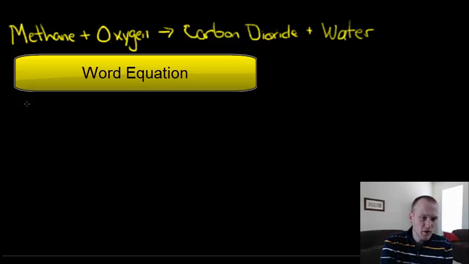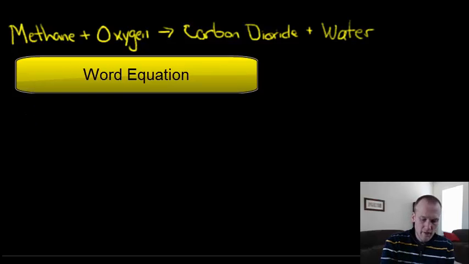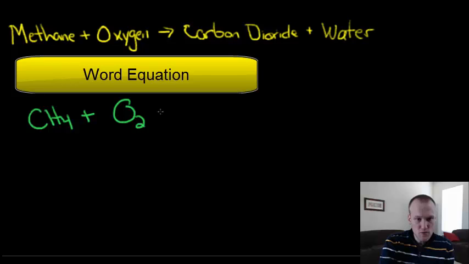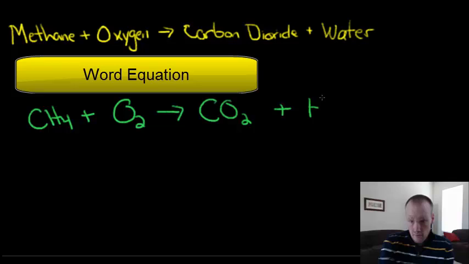If we take this word equation and we substitute the formulas for the words, for instance, the formula for methane is CH4, plus the formula for oxygen is O2. The formula for carbon dioxide is CO2, and we have H2O.